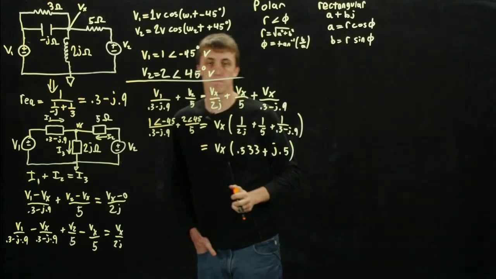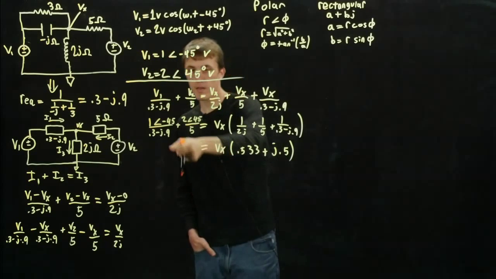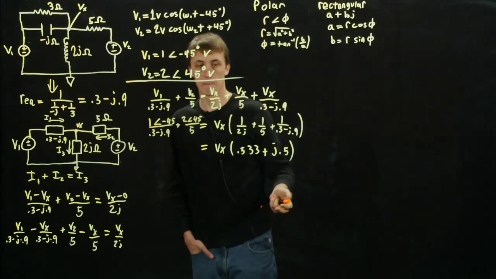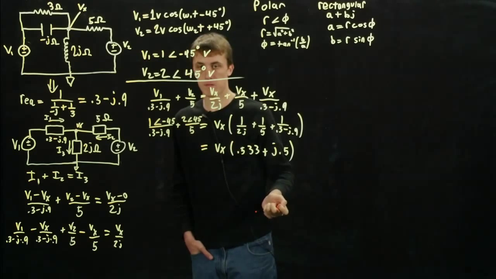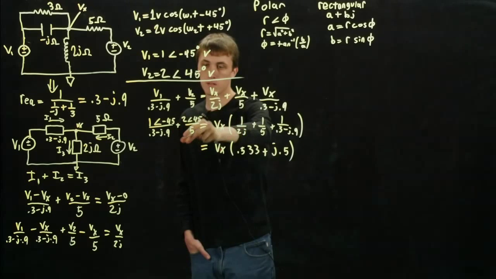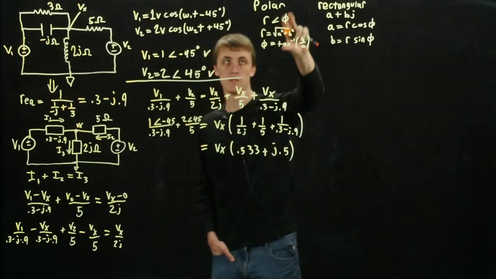So here you have to have them in the same form in order to work with them. You could work with either form, but usually when you multiply or divide complex numbers, it's better to have them in polar form.